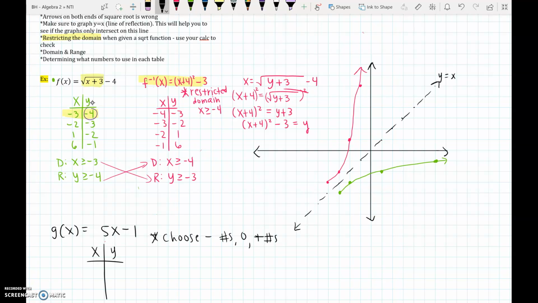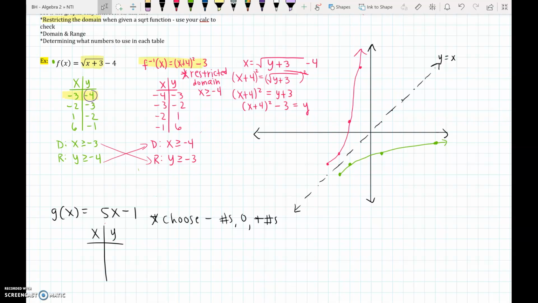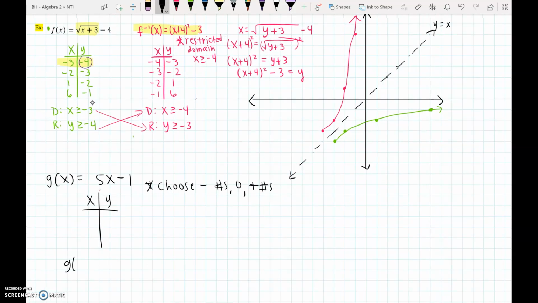That way you get a good shape of that line. And then if you're doing a quadratic, I would make sure I have my vertex there in my table. So this is when you're starting with a parabola. Okay, so you would want to make sure you have the full U shape, not just half of it.